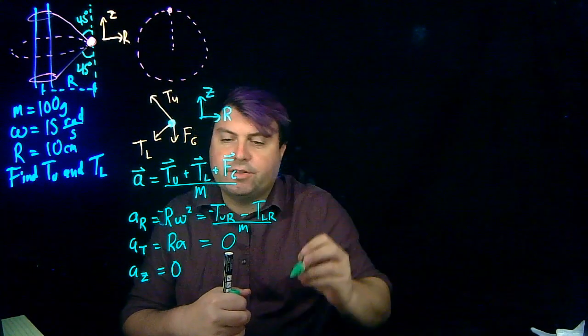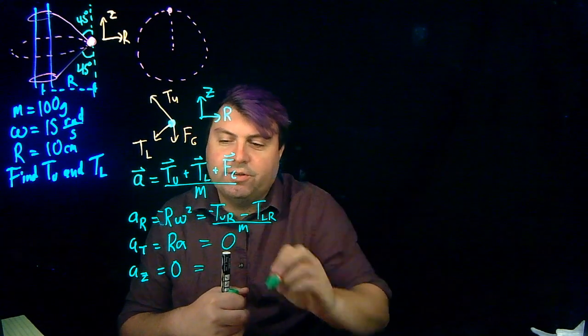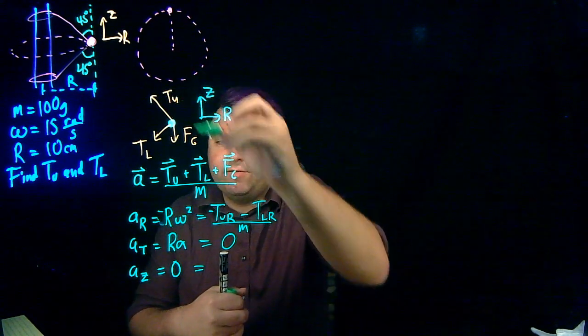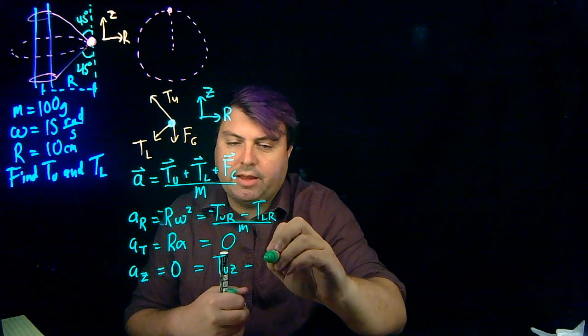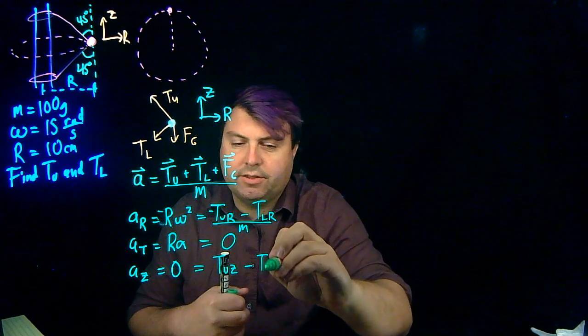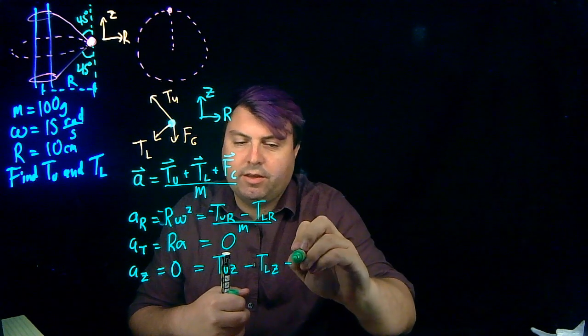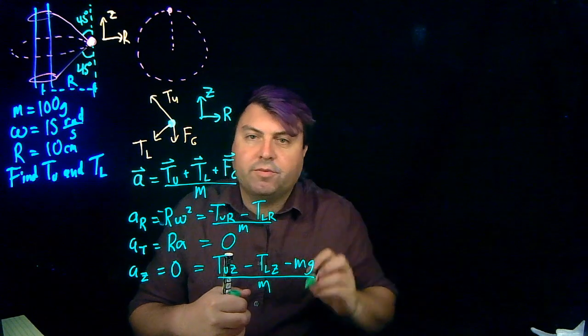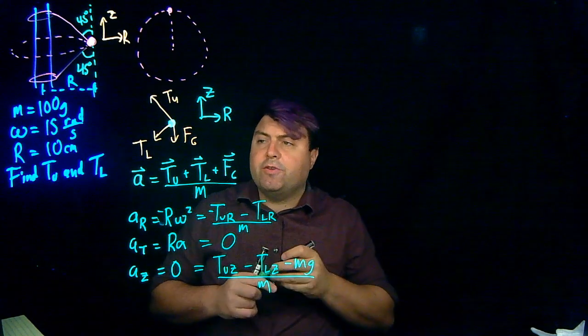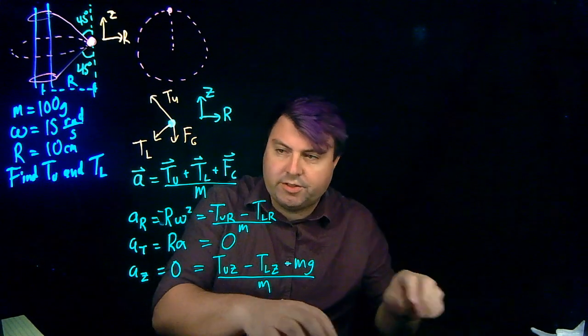That's why it wasn't all that important. And in the z direction, we have TU in the z direction, and then minus TL in the z direction, and minus gravity, over the mass.